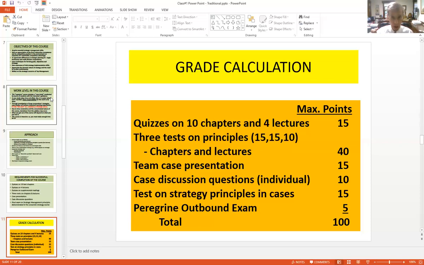There are different tests for accounting majors, for HR majors, and for management majors. So be sure you get the right test. But you must purchase these tests. You can purchase them from the producer of the test, Peregrine. You can see its name there. Or you can purchase it from our bookstore, and it'll cost you a little bit more there.